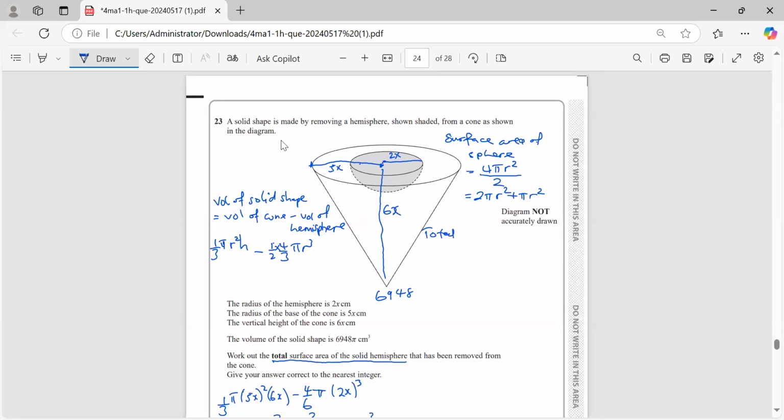So if we now want to find the total surface area of a hemisphere, we use 2 pi r squared plus pi r squared. It's going to be equal to 3 pi r squared, right?